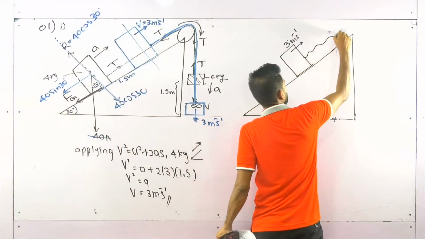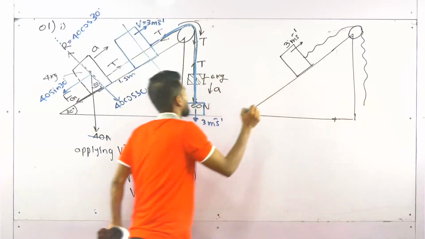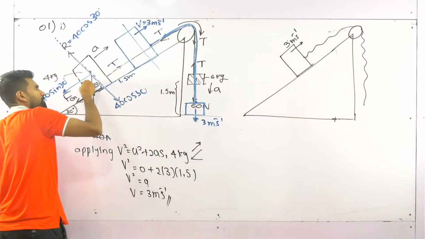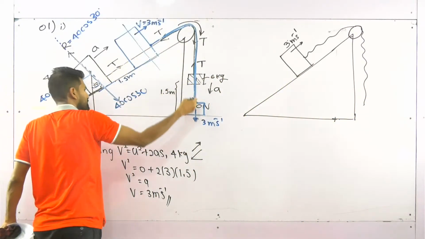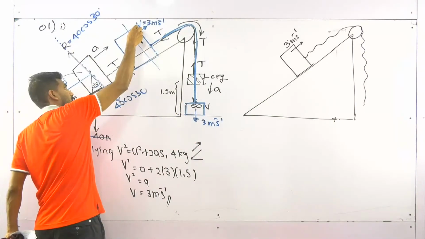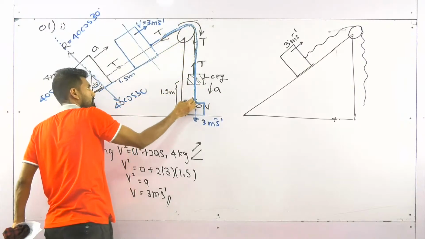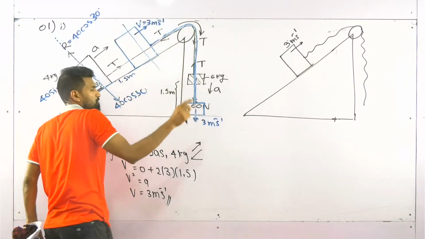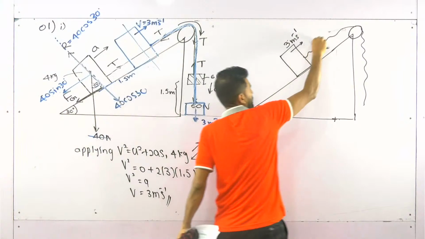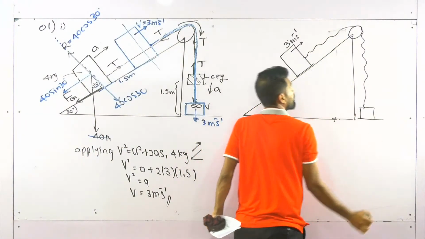And the tension is no longer in a taut condition. Why? As soon as this one reaches 1.5 meter up the plane, this hits the ground. It can't go further down, even though this has a velocity. So it moves up, leaving the tension of the string, leaving the taut condition of the string. It's on the ground. Okay.